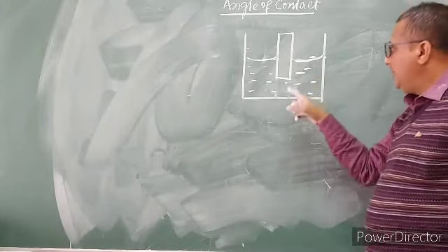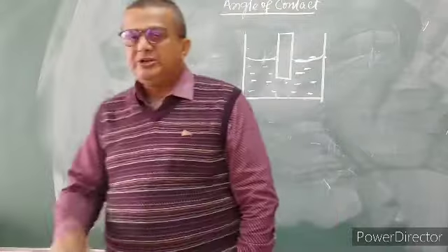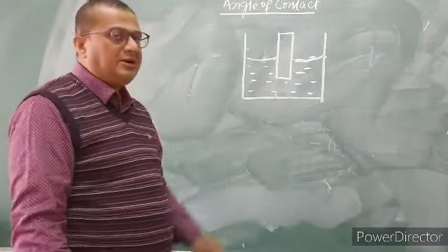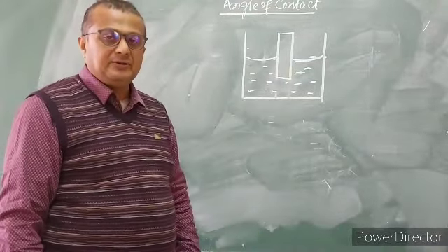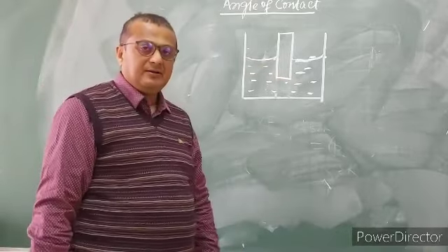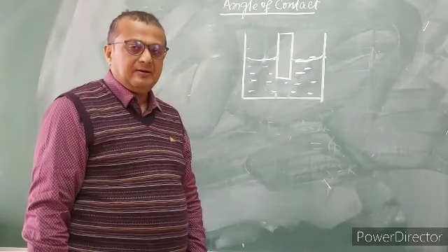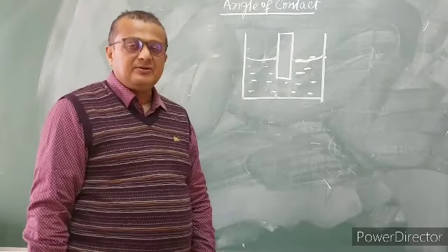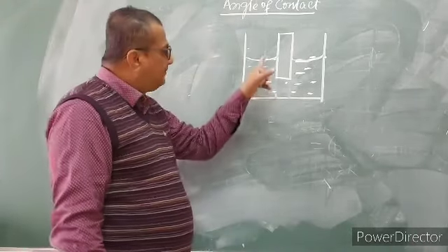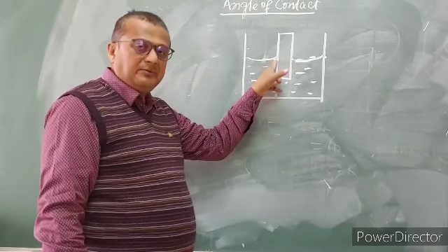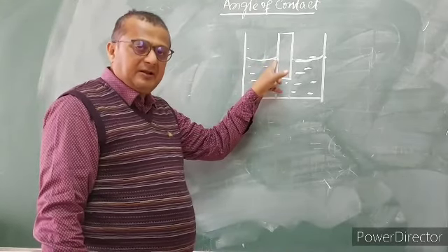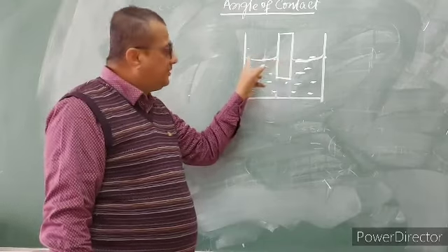How? When any solid is kept inside the fluid, then the position where liquid water touches the solid surface, there an angle will be formed, and there the surface will be curved.